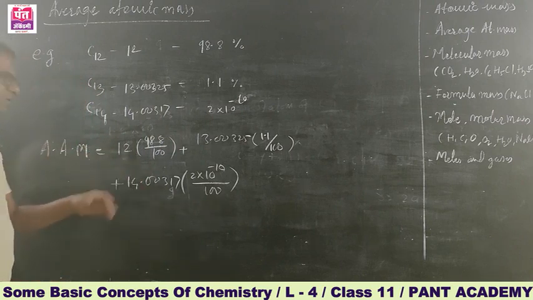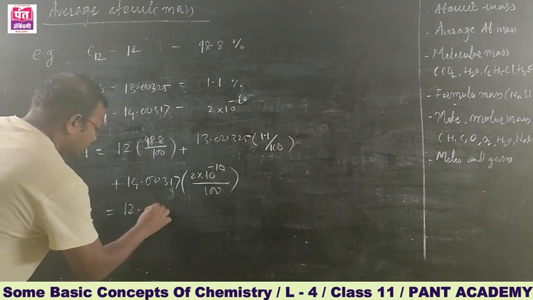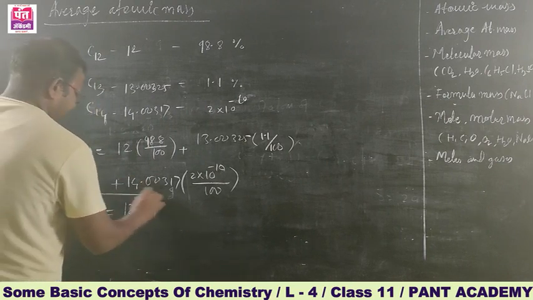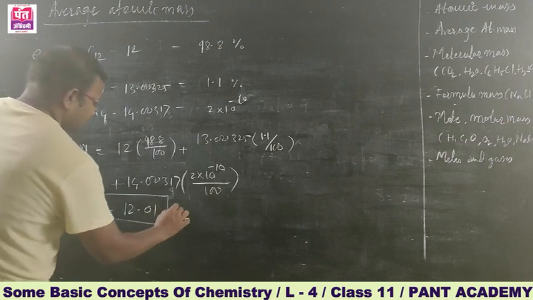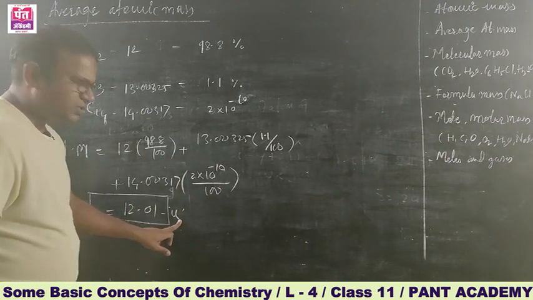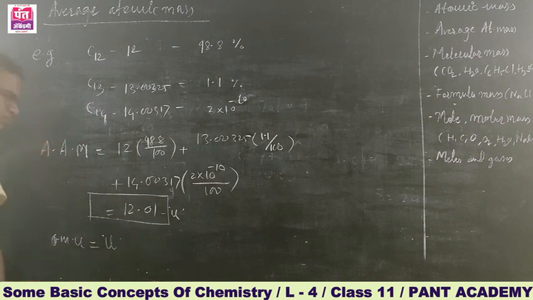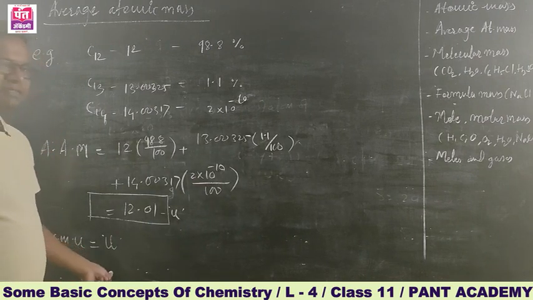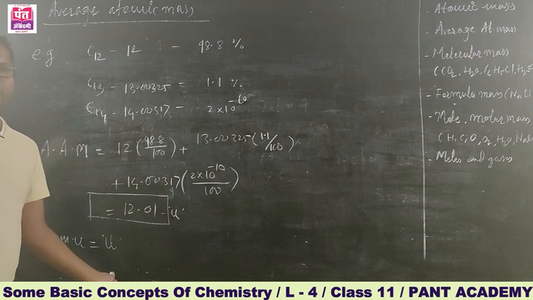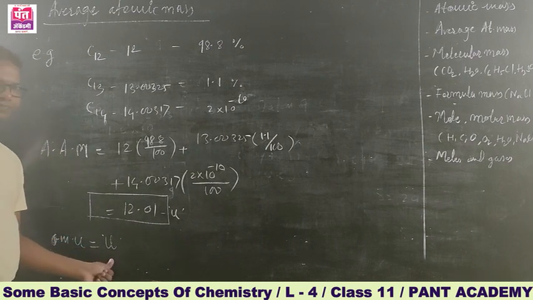जर हे तुम्ही फॉलो केला you will get about 12.01 unified mass u. Now what is u? Generally atomic mass unit is nothing but u. Atomic mass unit, सध्या unified mass which is indicated by letter small u.